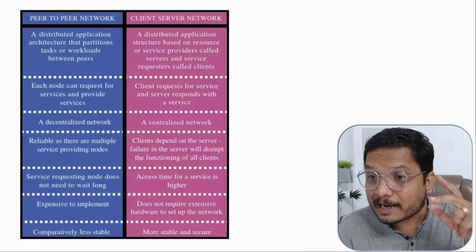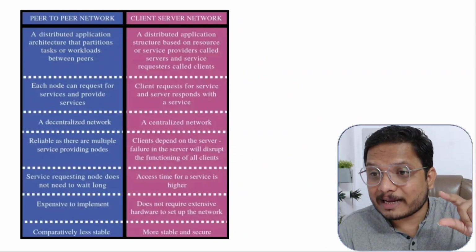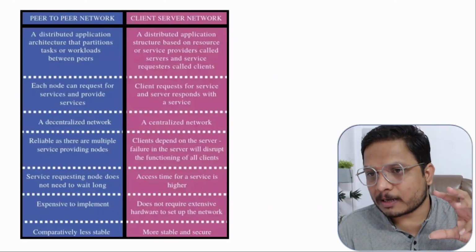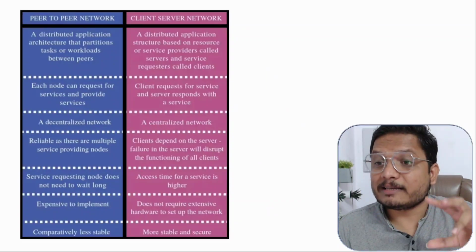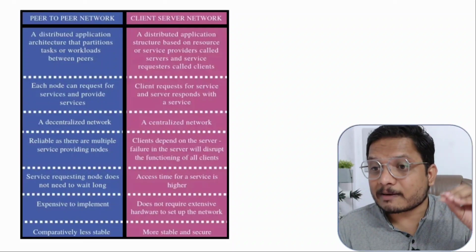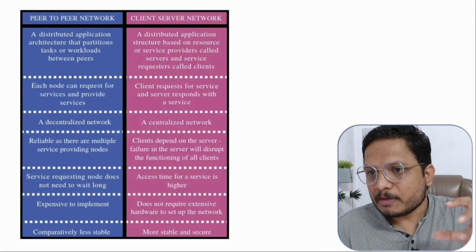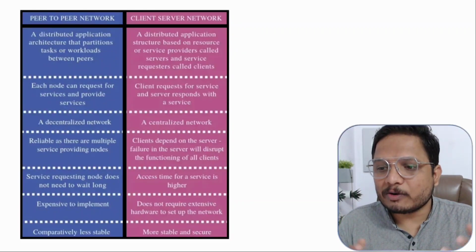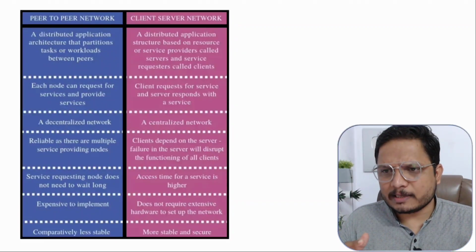So based on sharing of resources, peer-to-peer network is happening, but that is a decentralized network, while client-server network is a centralized one. In that, the server will be giving services based on the requirement. If your requirements are high, in that case you'll have to pay more. That is how all those things are there.